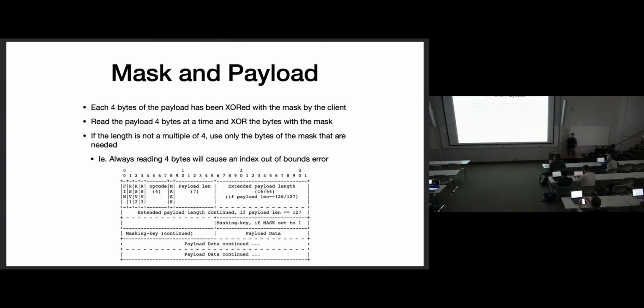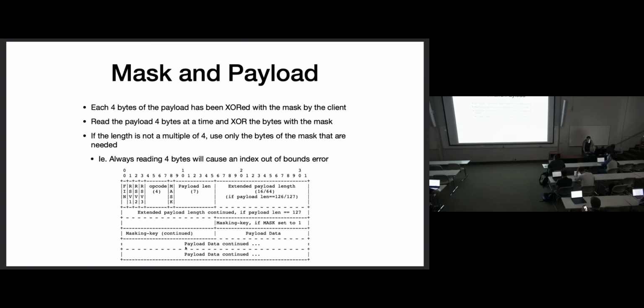These 4 bytes are XORed with each 4 bytes of the payload data. So the payload data is not just the raw bytes of the payload. They're the bytes of the payload XORed with these 4 bytes, 4 bytes at a time.